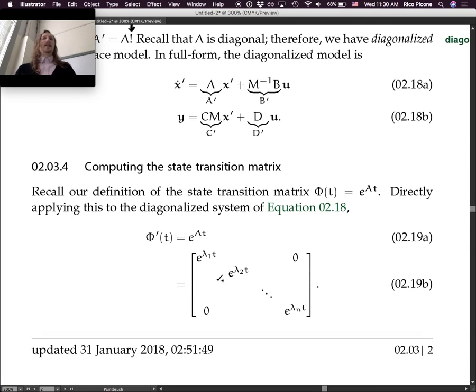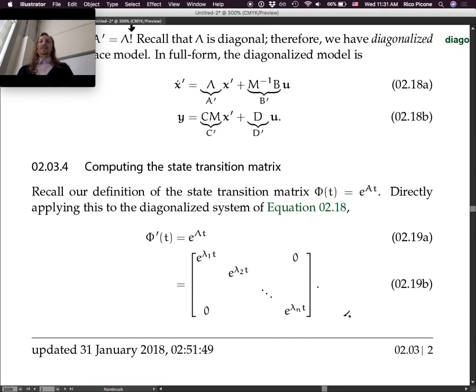So instead of having some big definition to go back to and try to divine what the exponential series is, which I think you guys have a homework that asks you to do, we can just simply say, oh, it's e to the lambda 1 t, e to the lambda 2 t, all the way to e to the lambda n t. And remember, our lambdas are just our eigenvalues.